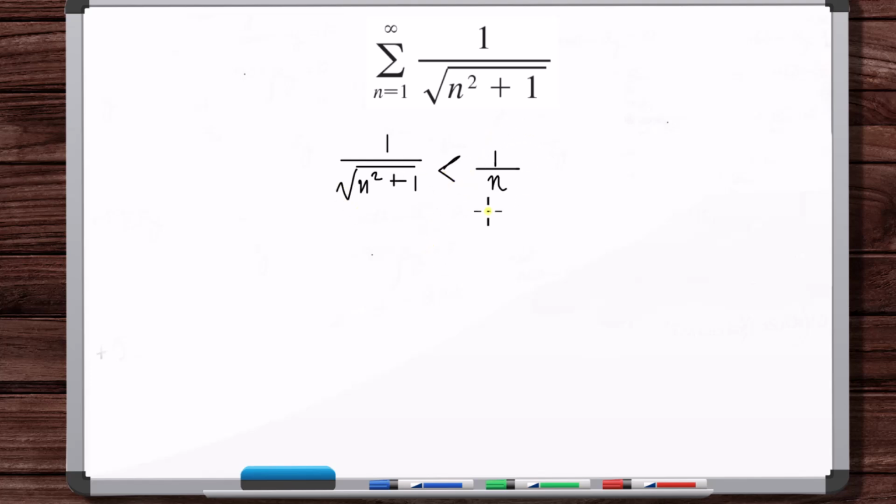So this is always greater, and this is always less. This is divergent. So this test is inconclusive, right? We've got a function we know is divergent and a function that's always less than that function. So this could still be potentially convergent or divergent, okay?